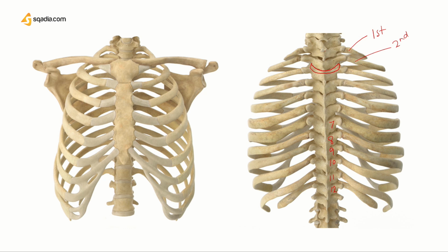And what else do we have as part of the thorax? These are called scapulae. So scapula for singular. And although it's not really directly part of the thorax, it's mostly understood as part of the upper limb or as part of the shoulder girdle.